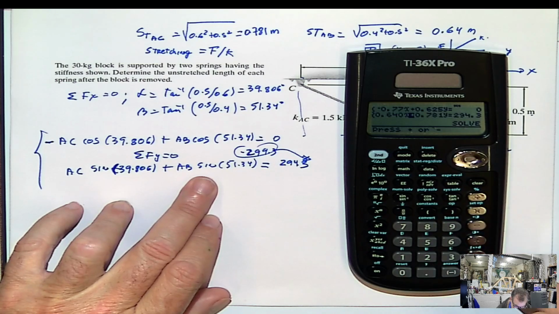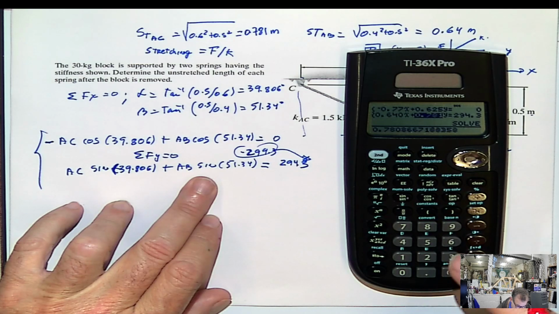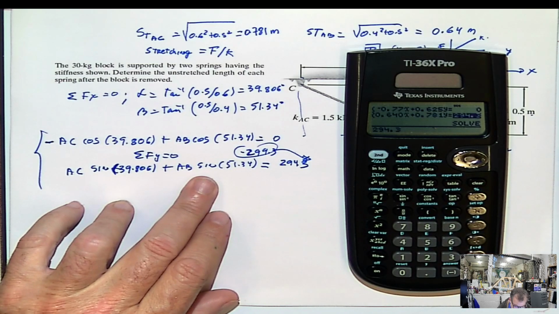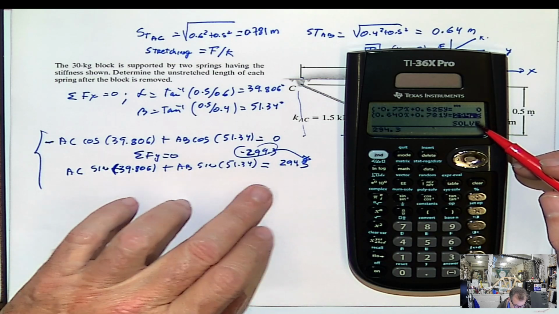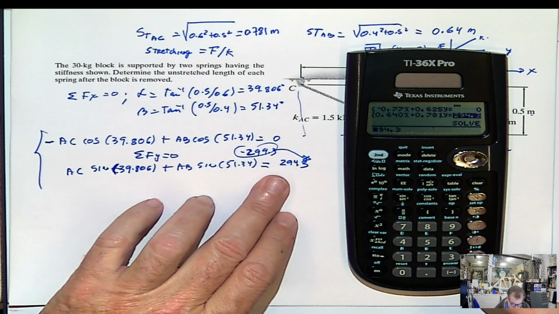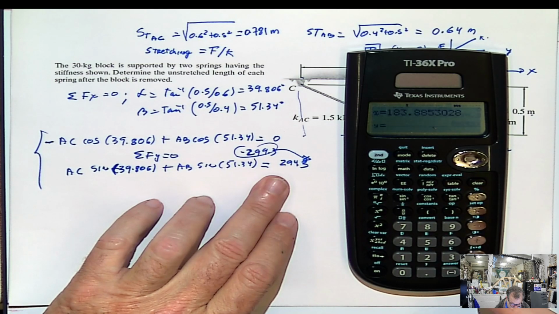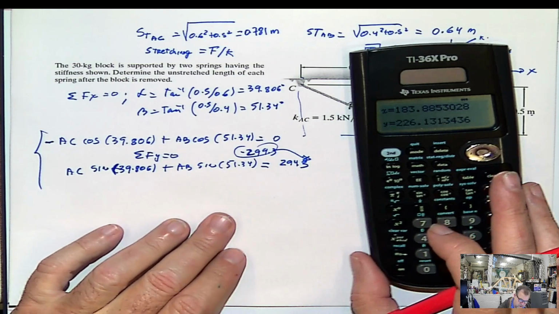Oh, you see, I told you to do that and you haven't. Plus, and then I do it. Sine 51.34 and equal to 294.3. And then we have the results.